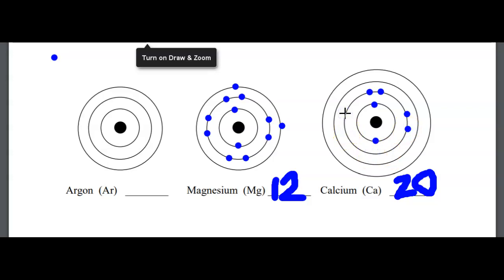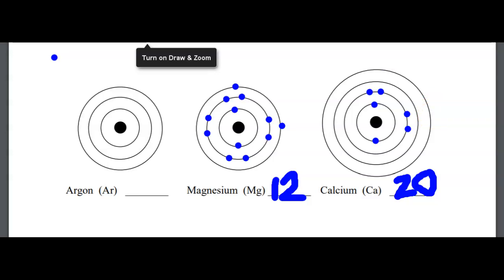All right, that is 8. And then we can fit 8 into the third energy level. So we have 8 and 8 is 16, plus 2 is 18. So that means we need 2 more in that fourth energy level. 1 and 2.